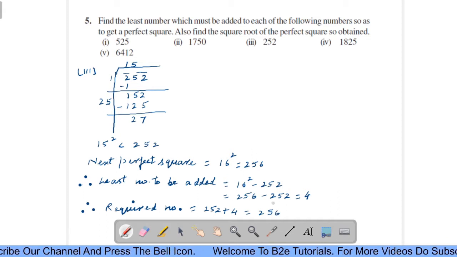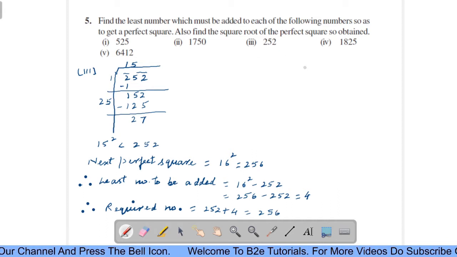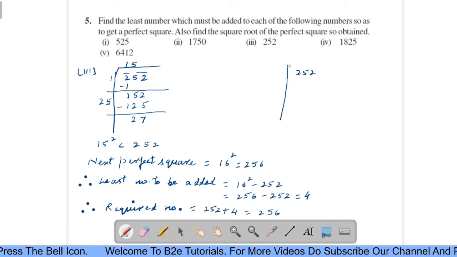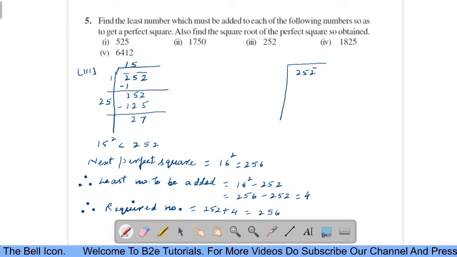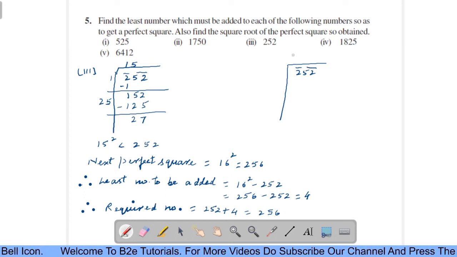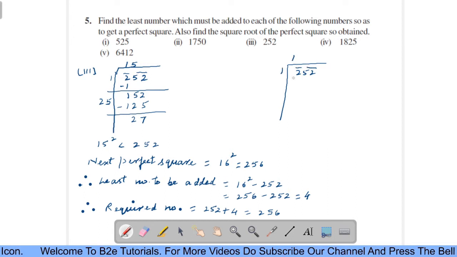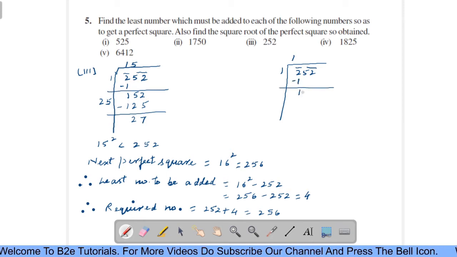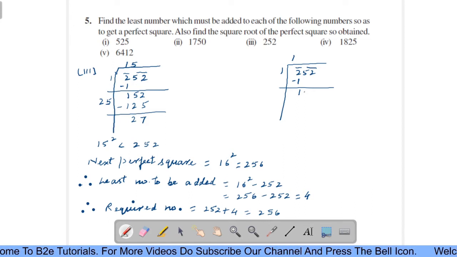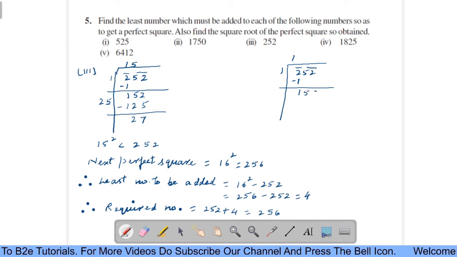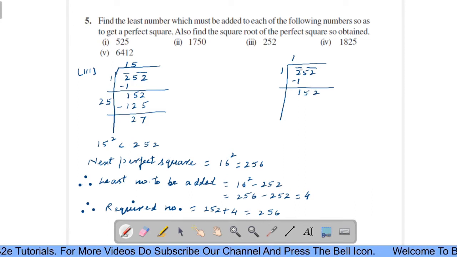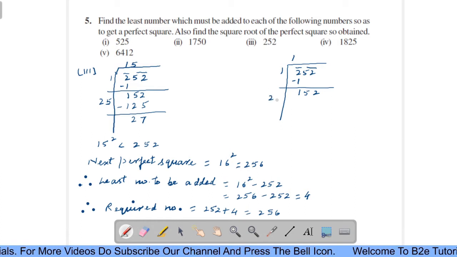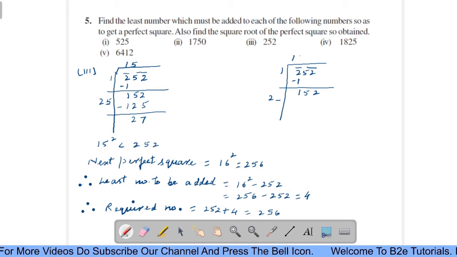Now let us find out the square root of this number. Here make pairs from right hand side. How many times it will go? 1 times. Write 1, subtract it. What will you get? 1. Bring the next pair, that is 52. Your number becomes 152. 1 plus 1, it is 2. Now how many times it will go? 6 times.